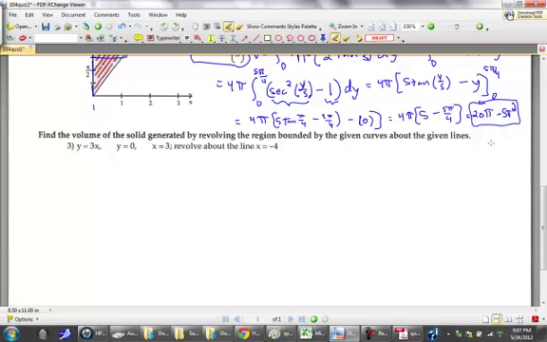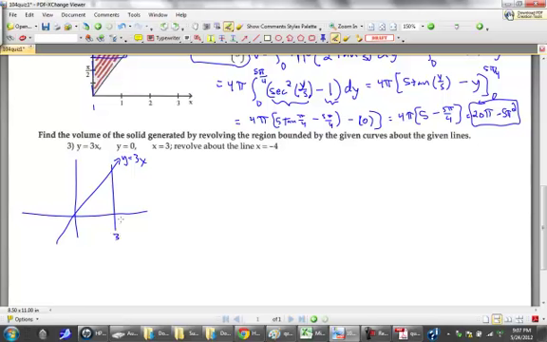Okay, great. And now finally the last problem. Draw this in yourself. We have y equals 3x. That's just a line. Slope of 3, we'll just draw one. Looks good. Goes to the origin. Y equals 3x. X equals 3.